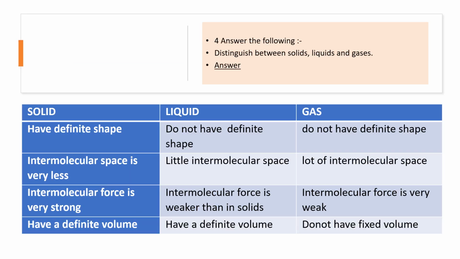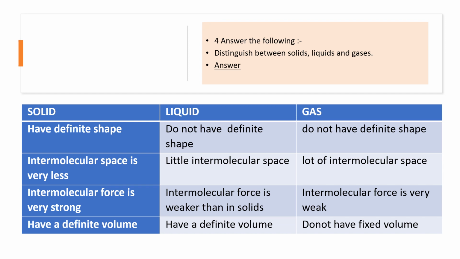Answer the following. Distinguish between solids, liquids and gases. Solids have definite shape, but liquids and gases do not have a definite shape. The intermolecular space is very less in solid. There is little intermolecular space in liquids, and gases have lot of intermolecular space.